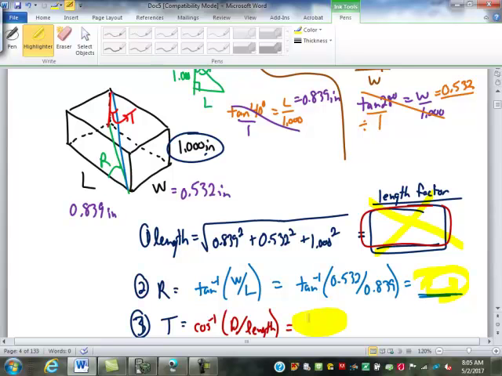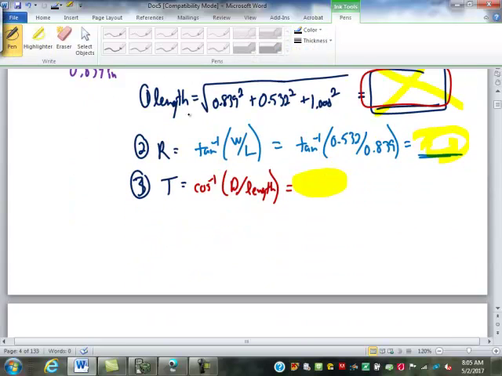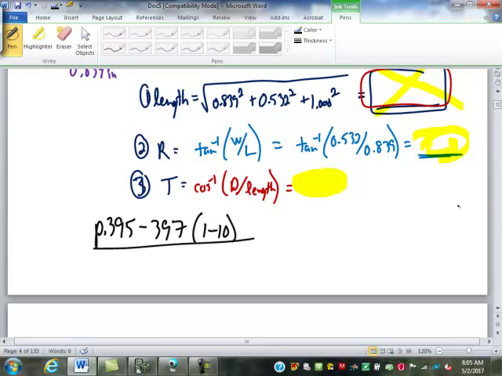I want you to think about these. We'll go over those more tomorrow. Your actual homework for today is in the packet. Page 395 to 397, 1 through 10, finding that length, rotation, and tilt. If you want to look ahead, I don't know if it's in the packet I gave you or not.